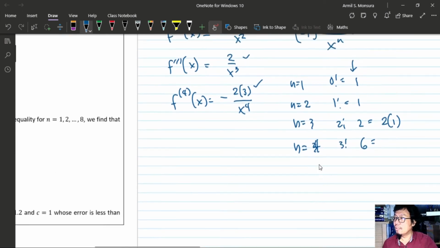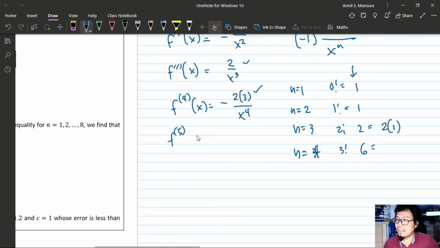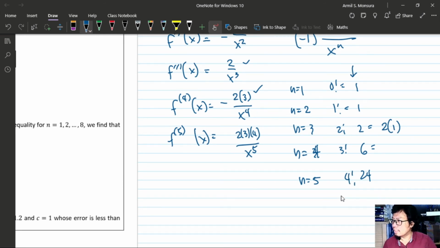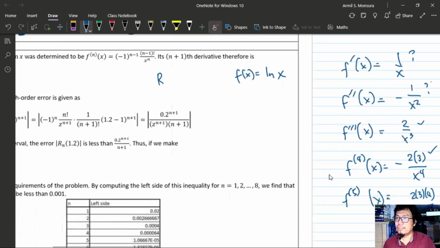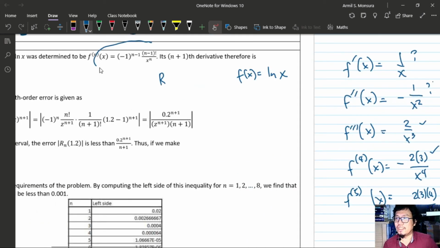What's next after that is a positive number, so this is 2 times 3 times 4, which is 24. That's for n equals 5. So that's 4 factorial. As we can see, that's n minus 1 factorial. We got it here.